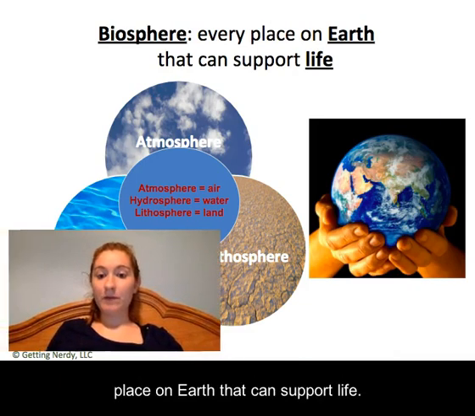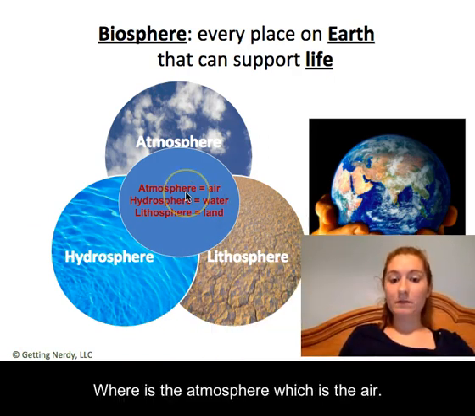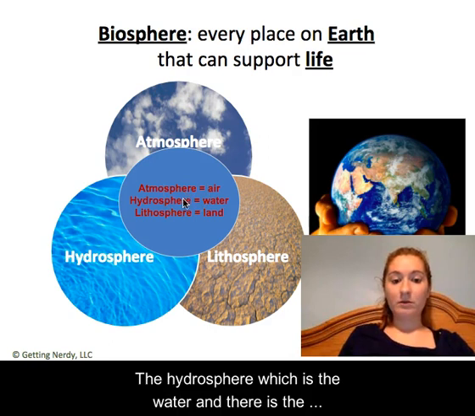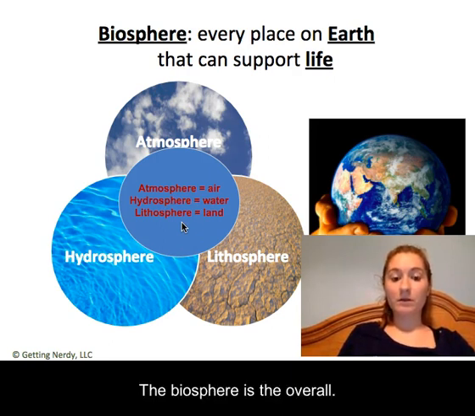That is every place on Earth that can support life. There is the atmosphere, which is the air. There's the hydrosphere, which is the water. And there's the lithosphere, which is the land. So the biosphere is the overall place where life can be supported. Your eighth keyword is homeostasis.